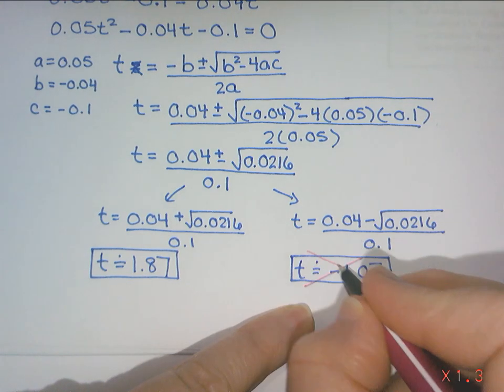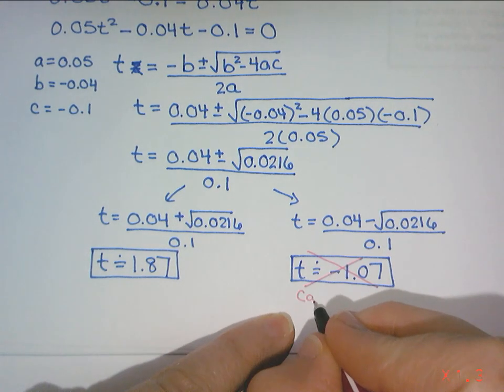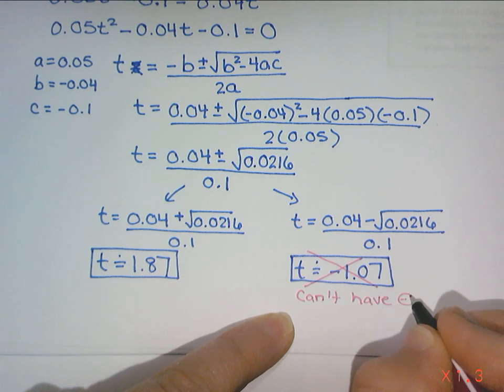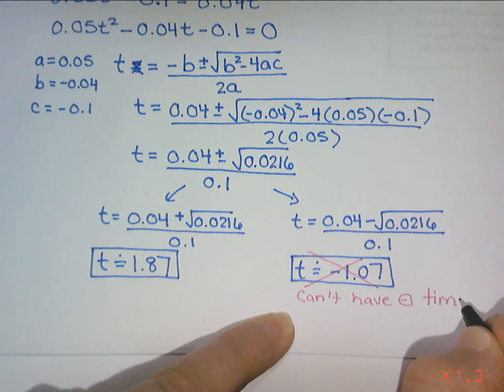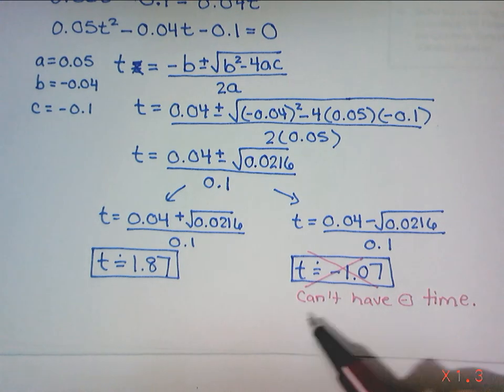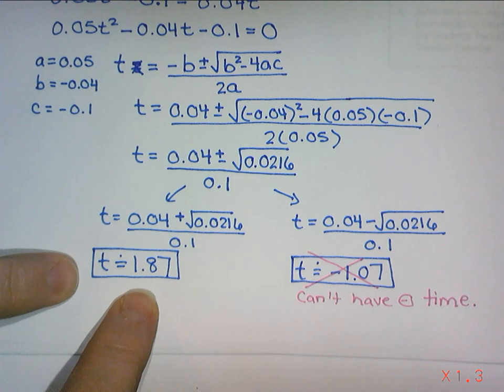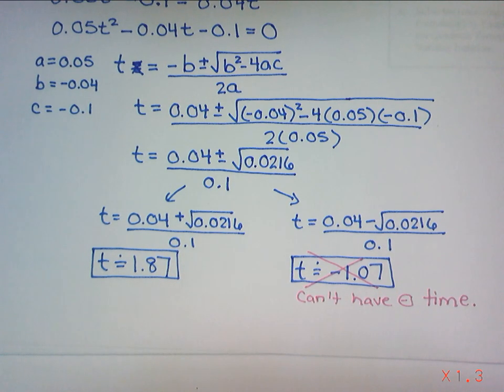So I'm going to cross this out and say can't have negative time. So if you ever need to throw one of your answers away, you need to give me a reason why you threw it away. So that really just leaves this one. So after how many hours will the concentration be 0.05 units?